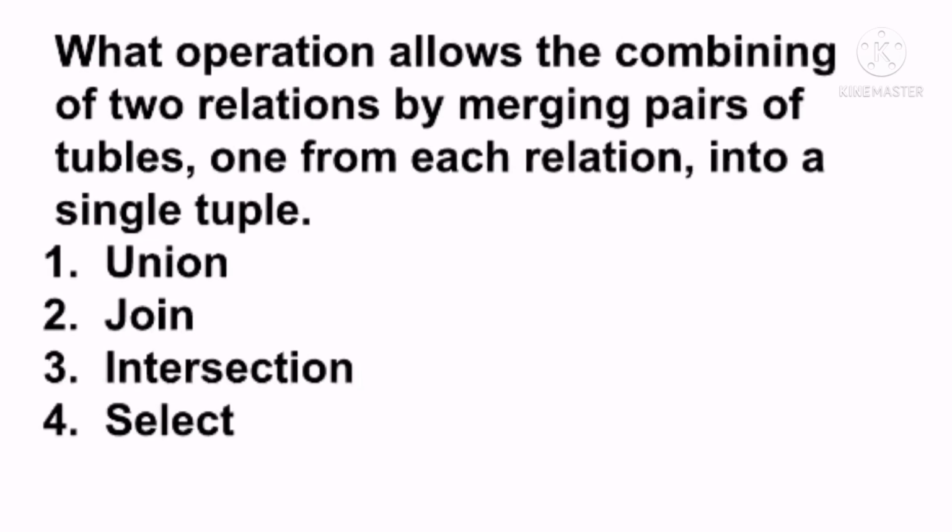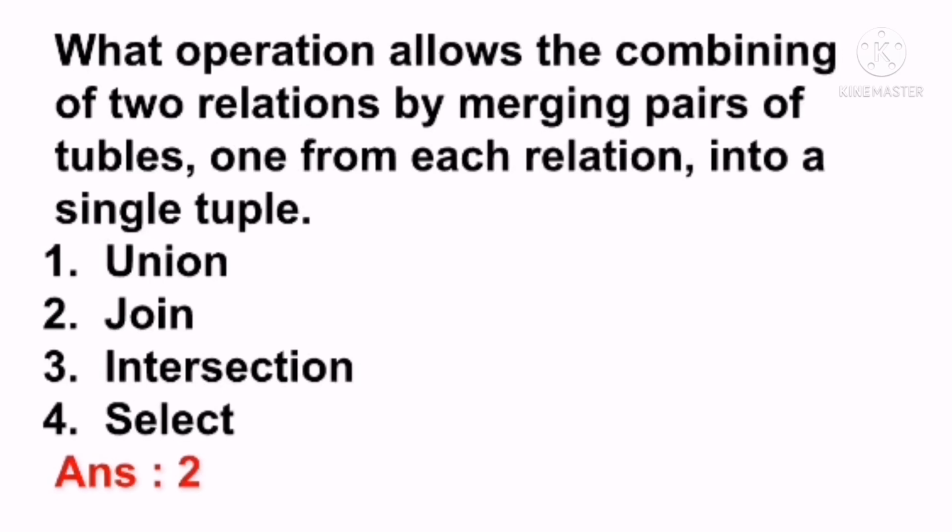Options are first one union, second one join, third one intersection, fourth one select. So the correct answer is join. A join operation is used to combine two relations by merging pairs of tuples from each relation into a single tuple. Okay, join is the most important operation.